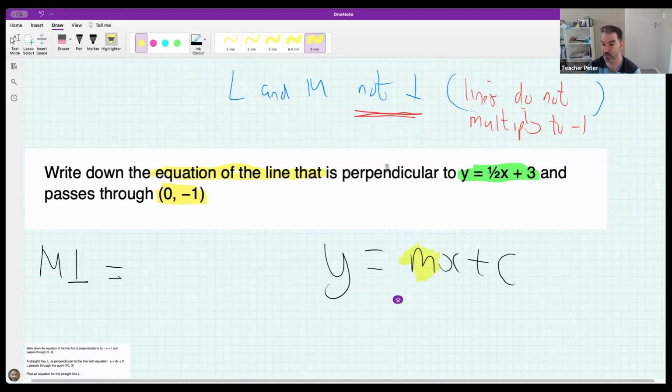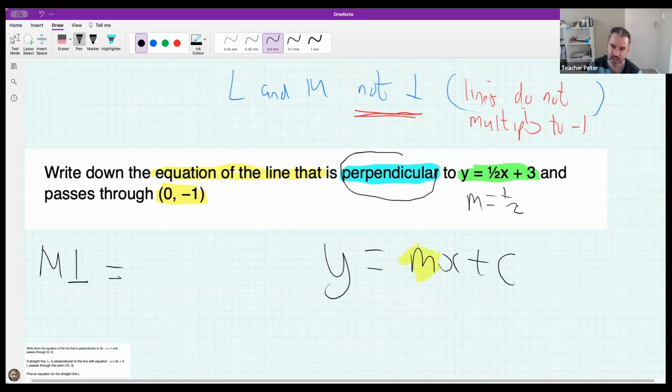Okay, I disagree because... Wait, sorry, wait. Yeah, it's fine. Sorry, I'm busy talking about the green. No problem. So can you see that perpendicular is the relationship? You're right, the green one's gradient is a half. But what is the gradient of the yellow one going to be? It's going to be -2.